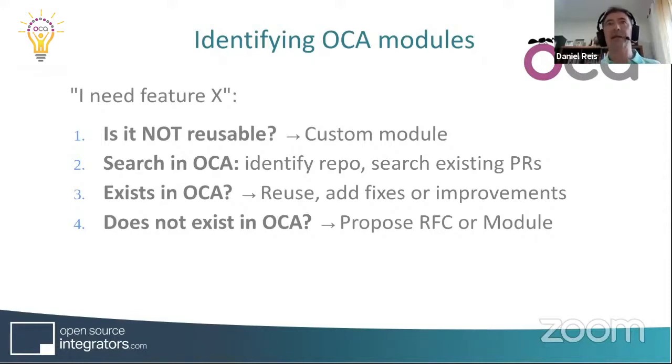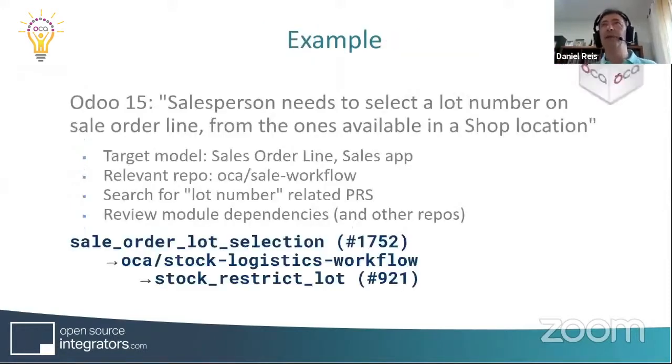Okay, actually, I have an example here. You are in Odoo 15, you're just starting a project, and you have this requirement. The salespersons need to select a lot number on the sale order line. So you have the sale order line, and you want to pick a particular lot number.